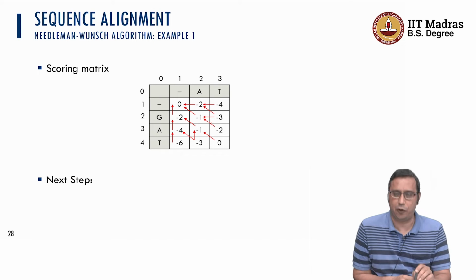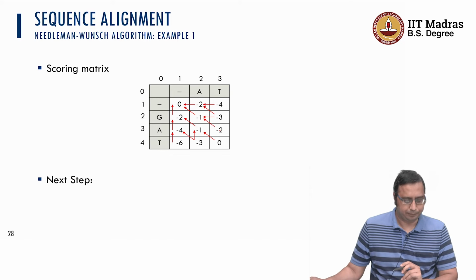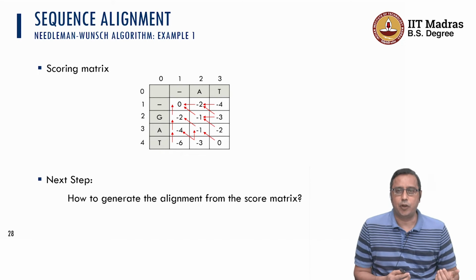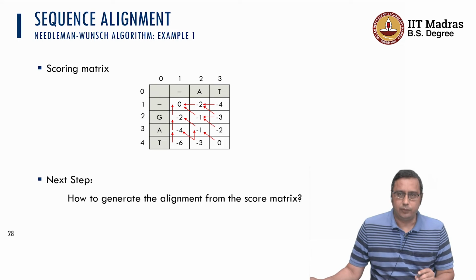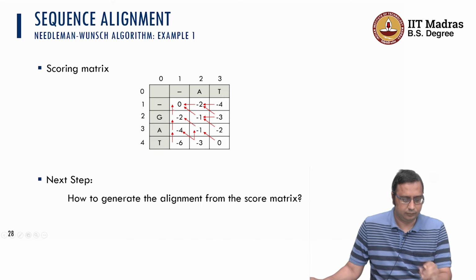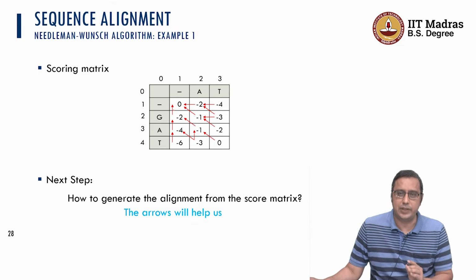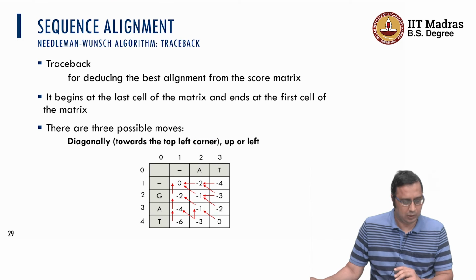Now we have a set of arrows and a set of values. What are the next steps? What we are interested in is answering the question of how to generate the alignment from the score matrix. Now we are at the end, and there is a set of arrows. We can take help of the arrows to trace back the path, which allows us to get the best optimal path using this score matrix.